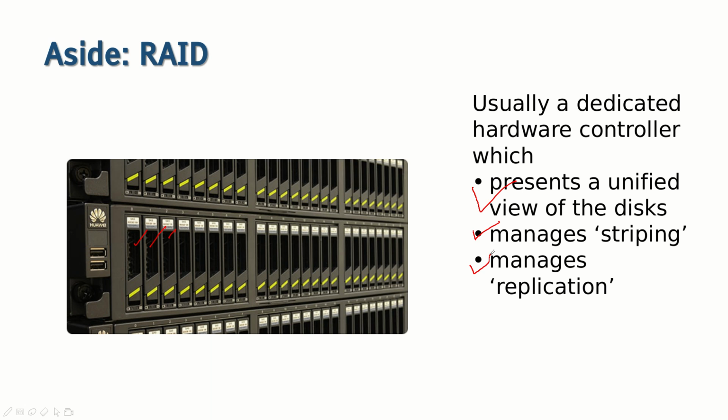The next major function that RAID controllers perform is replication. So let's imagine that one of your disks fails. You have so many disks that it is easy to imagine one of the disks failing. But the problem is that your data is stored across everything.